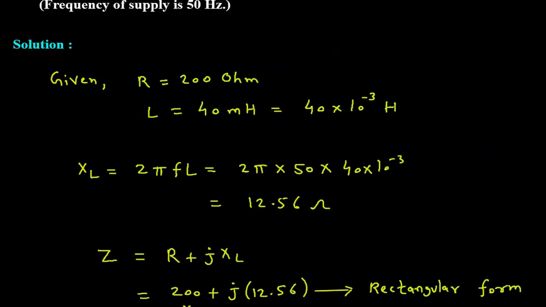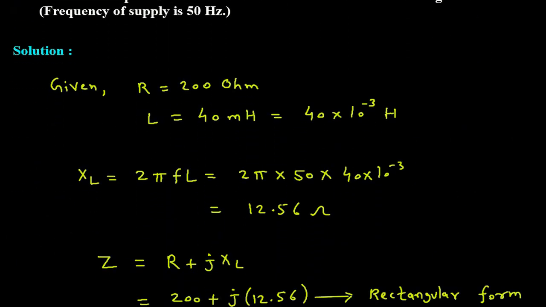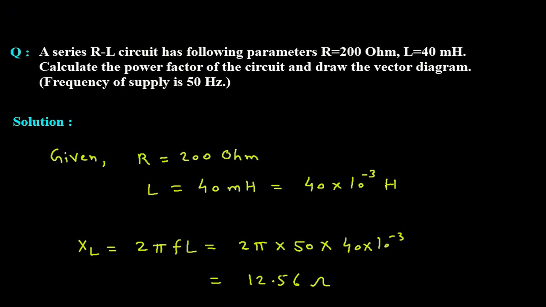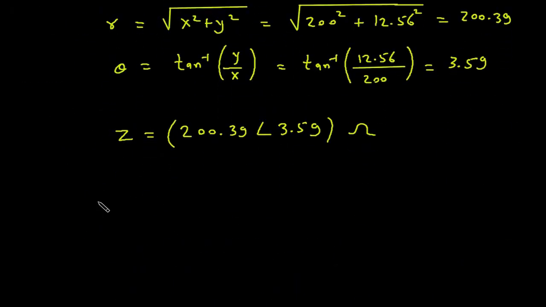Now we have to find the power factor, and power factor is equal to cos phi. We can say this is phi, the angle, the phase angle. So it will be cos 3.59.